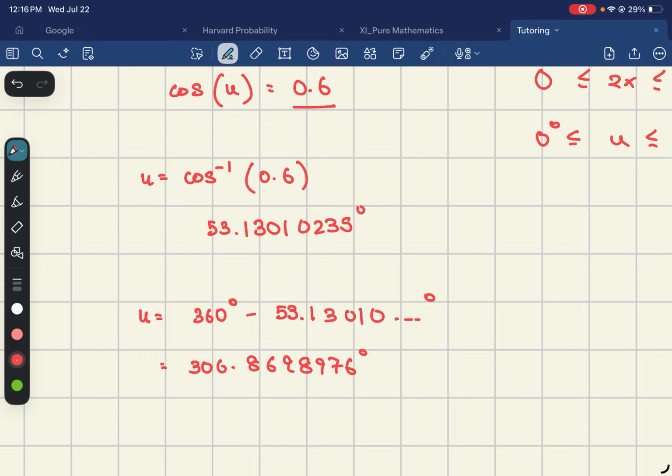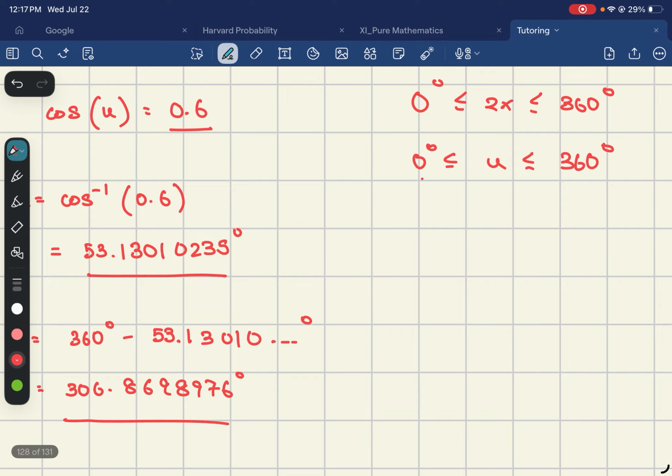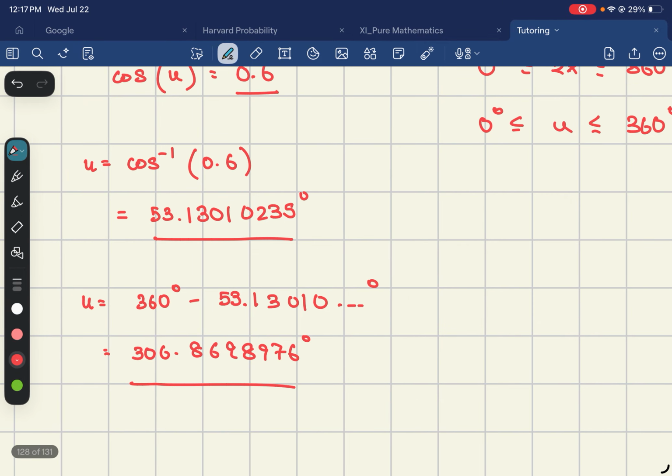So one thing I need to worry about is, do my two angles satisfy the inequality for u? u is between 0 and 360. For sine, cosine, and tan, I only have two solutions. So this is one solution, this is another solution. If it works for u, it's going to work for x, since u is just 2x. So this implies that x is 53.13 divided by 2, which is 26.56 degrees.